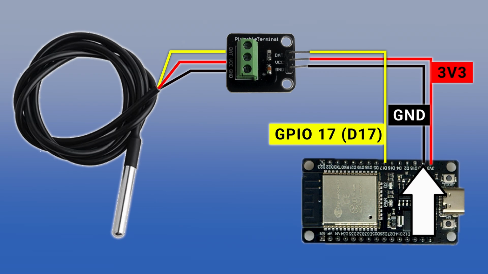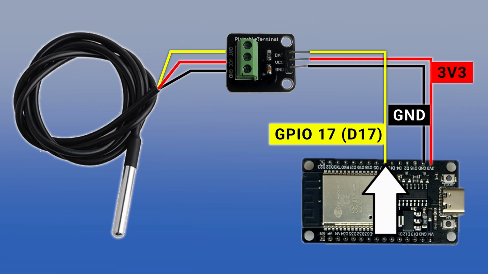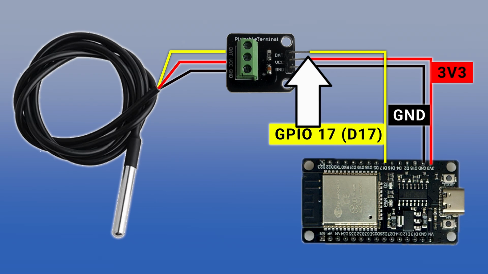The next connection will be from ESP ground to module ground, and from module ground to the black wire. And the last one from ESP D17 to that pin of the module, and from that pin of the module to the yellow wire of the DS sensor.